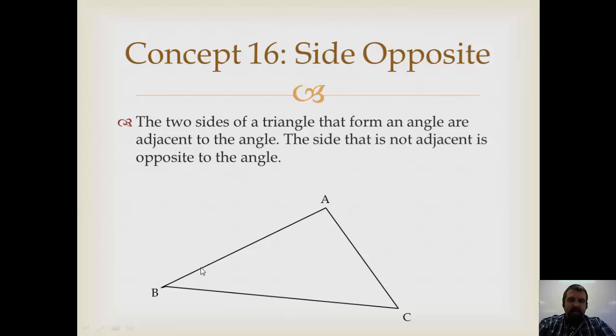So segment AB and segment AC would be adjacent sides. But side BC here is opposite because it does not form angle A, and it's a side of the triangle. That's what side opposite means. And similarly, if this is the side opposite angle A, then angle A is the angle opposite side BC.